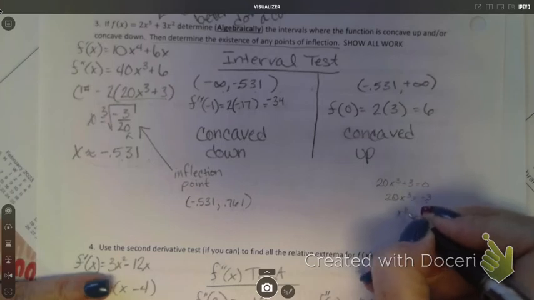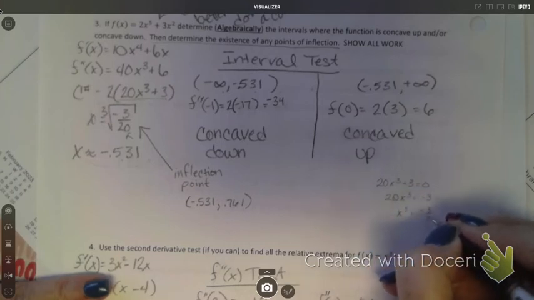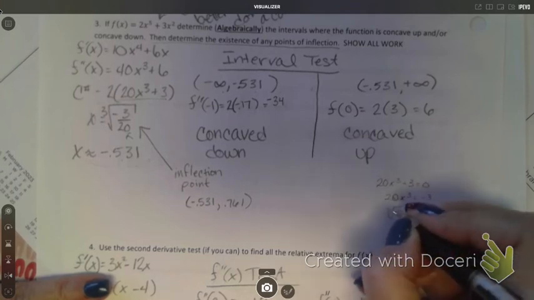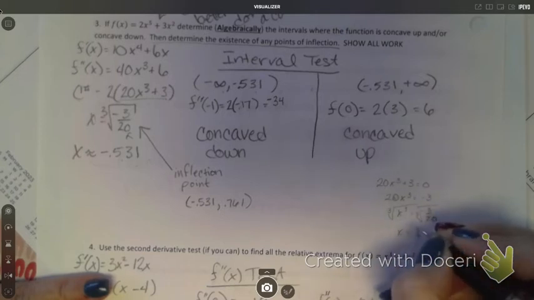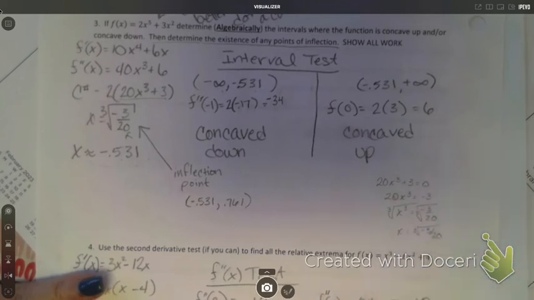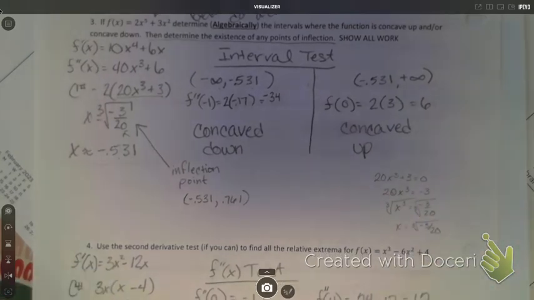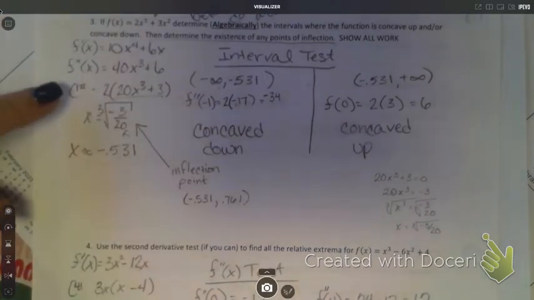So x cubed equals negative 3 over 20. And then you have to take the cube root. So x equals the cube root of negative 3 over 20. Then just do the same thing, and then you just test your intervals. I shouldn't have called this a critical number, but I don't know what else to call it.